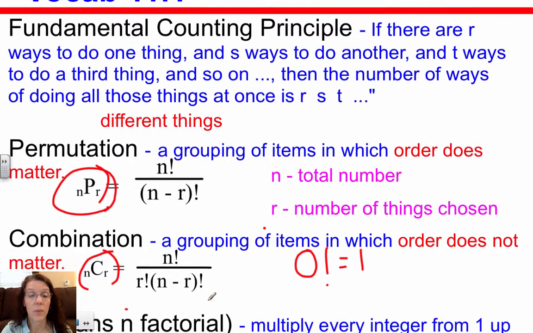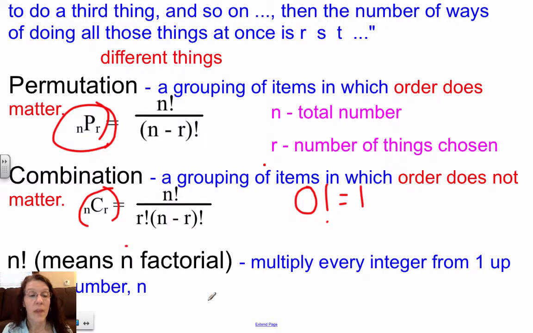Now let me just scroll up a little bit further. That n with the exclamation point, as much as I'd like it to mean that we're excited about math, it means n factorial. And the n factorial says to multiply every integer from 1 up to that number.